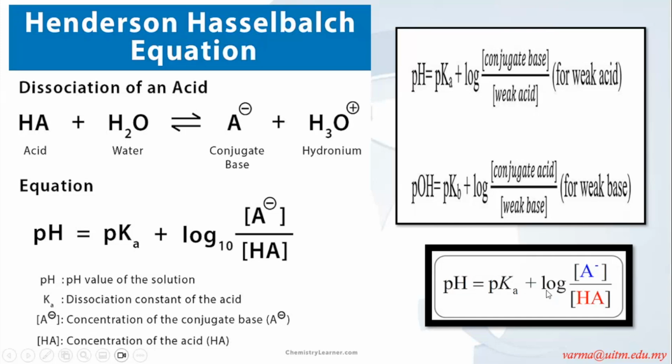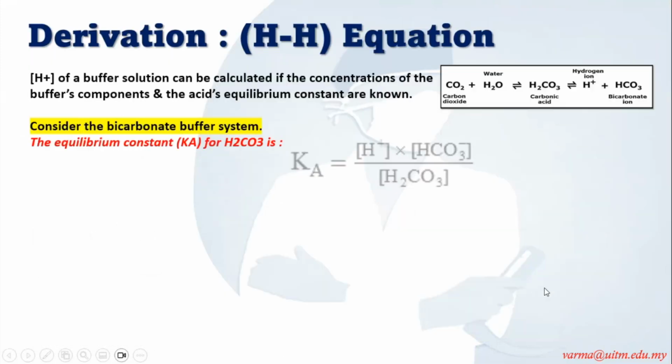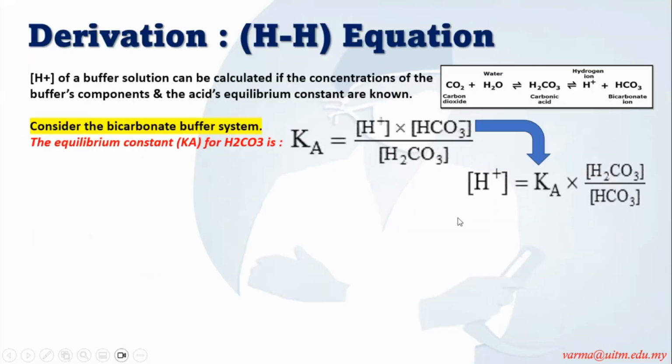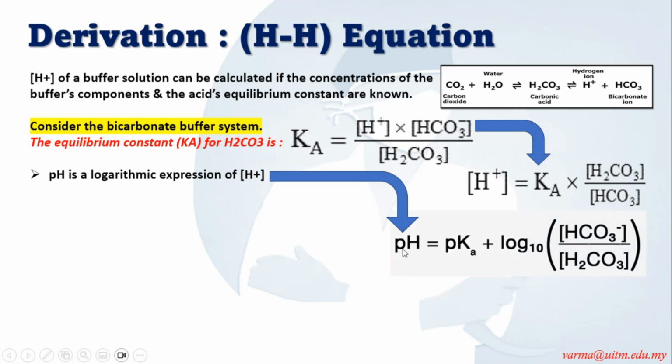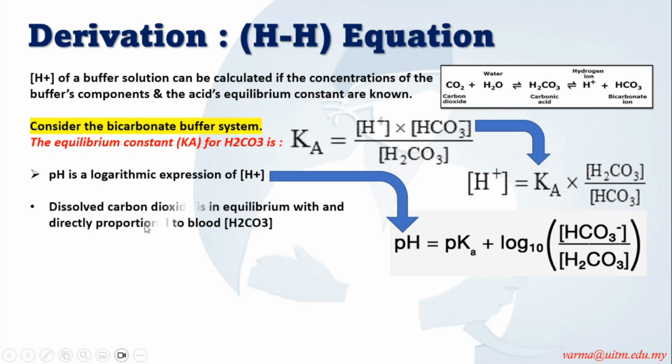We get it by taking the logarithm of this acid dissociation constant expression, initially changing it to H plus, then we log it, then we get pH. Log this becomes P here, and then we log here, you get P here, so pKa, plus log of bicarbonate, which is the conjugate base, divided by the weak acid. So this is how we get this. This is the derivation. How do we get it?